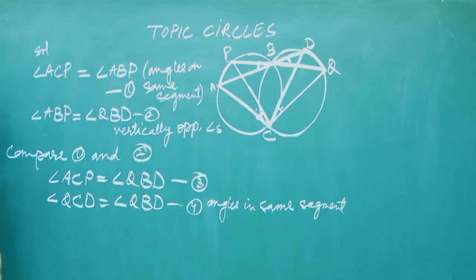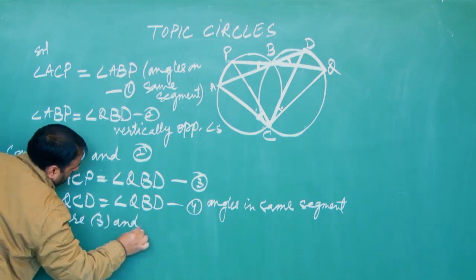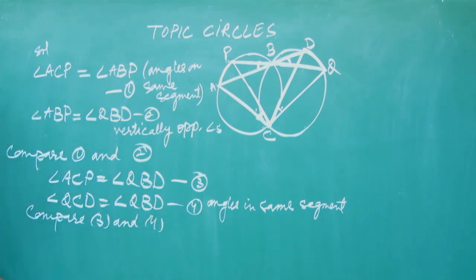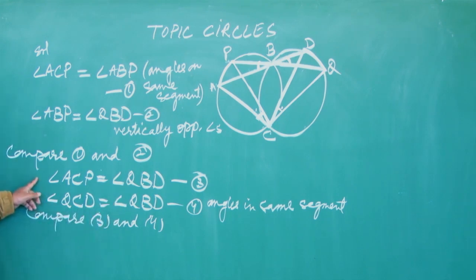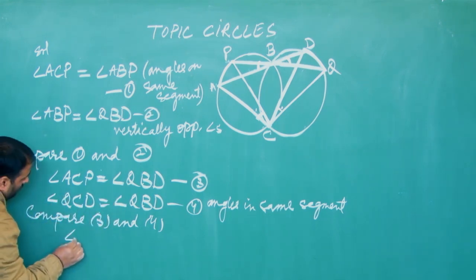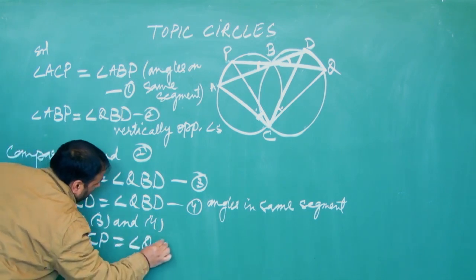Now you compare equation 3 and equation 4. What do you get? QBD is the same in both the equations, and we are able to prove that angle ACP is equal to angle QCD.